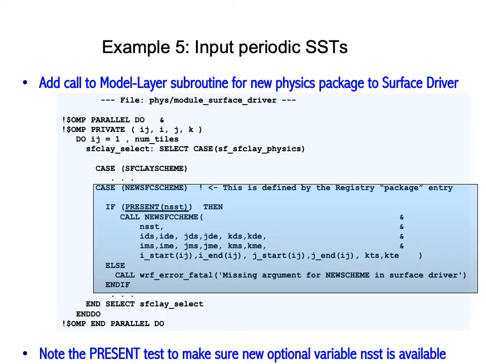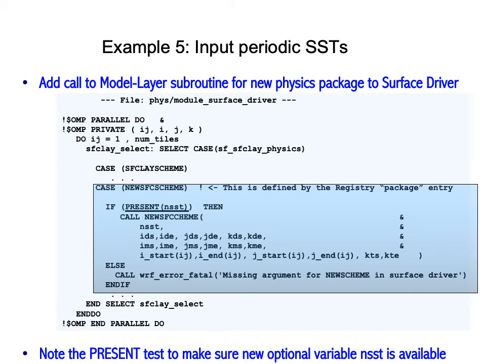Inside of the surface driver, the paradigm is very similar to all of the other physics driver routines. There is a select case saying, if I would like to know for the surface layer physics scheme, if the option is new surface scheme, then I'm going to call my brand new subroutine, new SFC scheme.